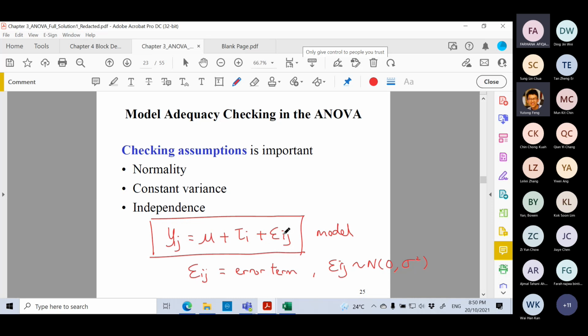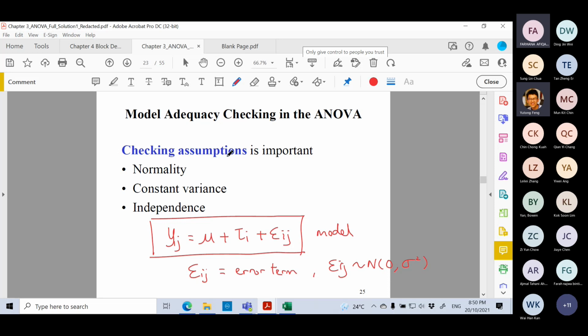I will show you in the next slide. The error from the sample we call the residual, and we can use the residual to check the assumption, because you assumed before that your error follows a normal distribution with zero mean and variance sigma square. Whatever you fit, you need to check whether it fulfills the assumption.